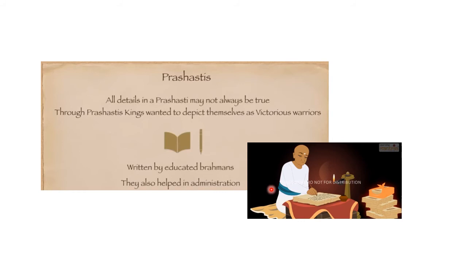They were the Brahmins who were helping the king in the administration. They were appointed by the kings, and they were educated people who wrote glorified and fancy things about the kings and their achievements, so that people would wonder and find out how powerful this king is. So this is what the new kings did.